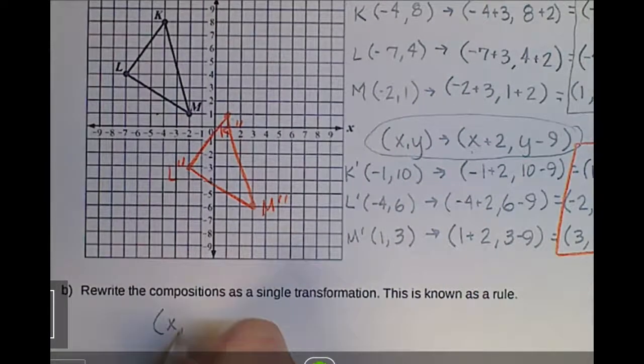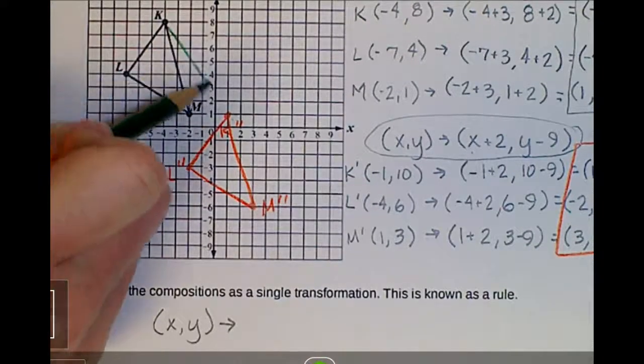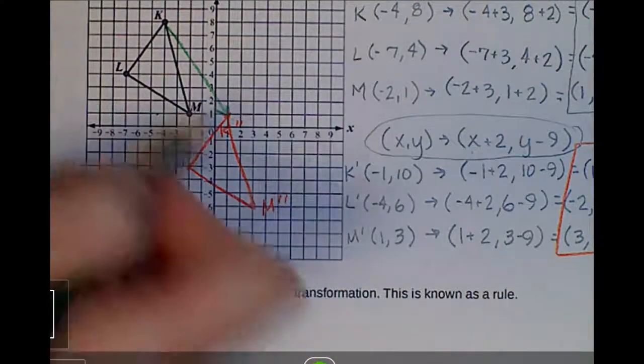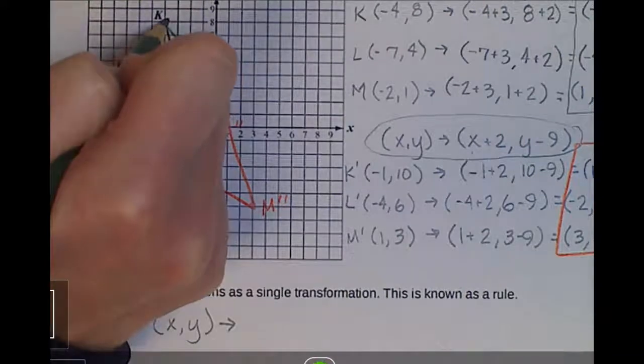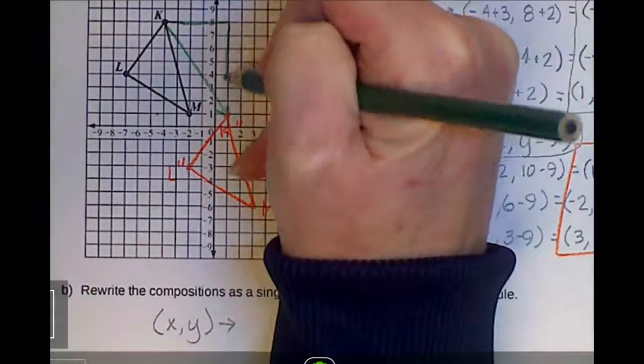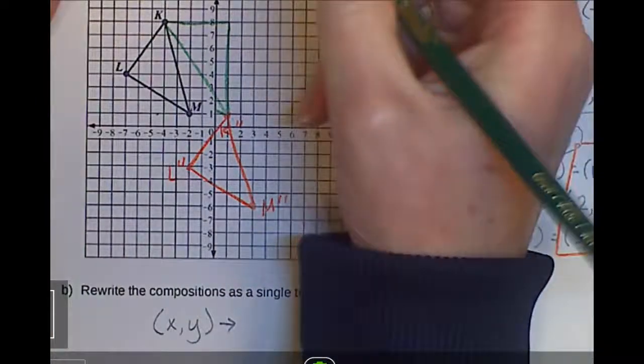So take your original XY, and it's going to yield what? If we take a look at this, all points have followed this green vector. If we break that up into its x component and its y component to form that right triangle, how far left or right did we move? How far up or down did we move?